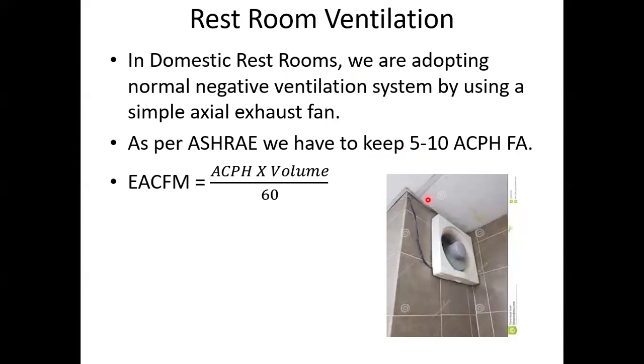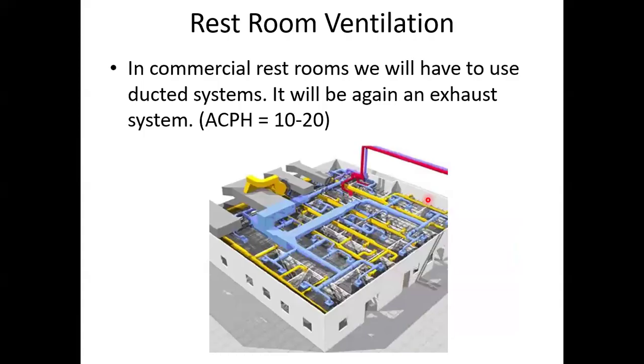Okay, fine. So when it comes to commercial rooms, we can't get by with simple exhaust axial fans. Instead, you need to dedicatedly provide an exhaust duct system like this. That means lots of restrooms will be there across this commercial area, isn't it?